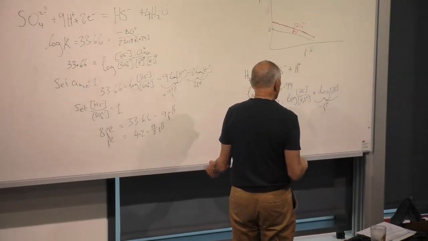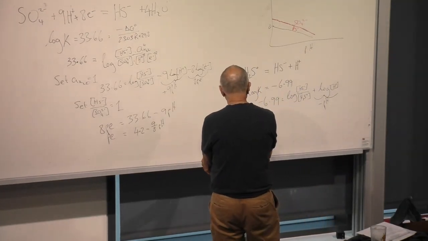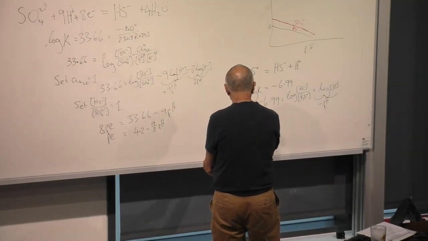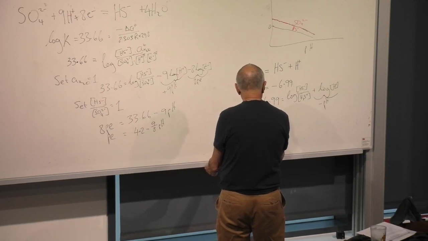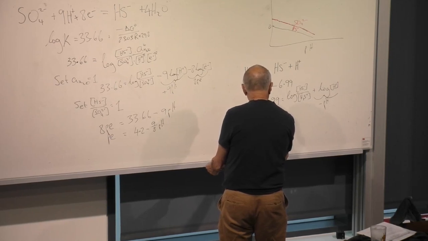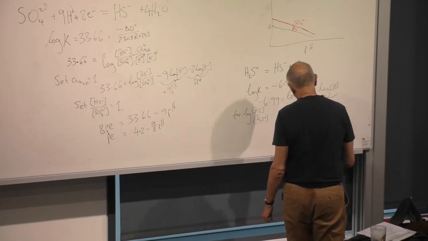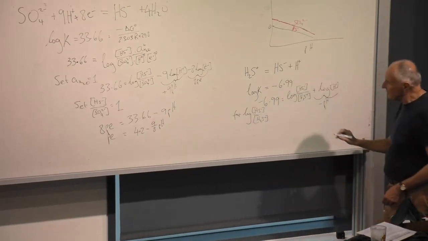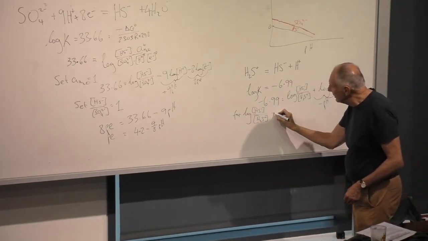And that says that for equal amounts where H2S and HS minus are both an equal amount, so that log is 0.